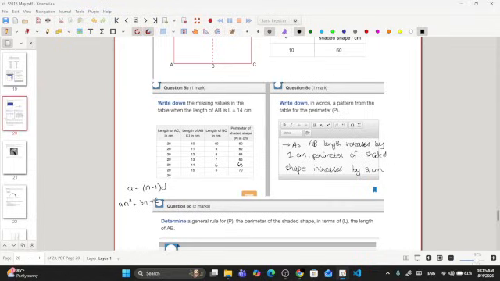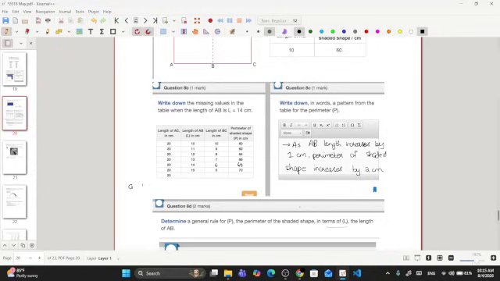But the questions are not always going to be like this. In part D, it says that you have to find the general rule for perimeter in terms of the length. Okay, so this is a twist. But how do we attempt this question? First things first, let's try to find the general rule of the perimeter in terms of n, the way we normally do. We have 60, 62, 64.